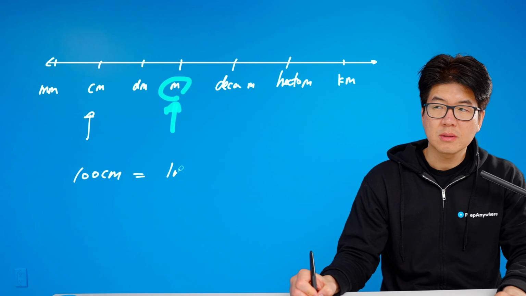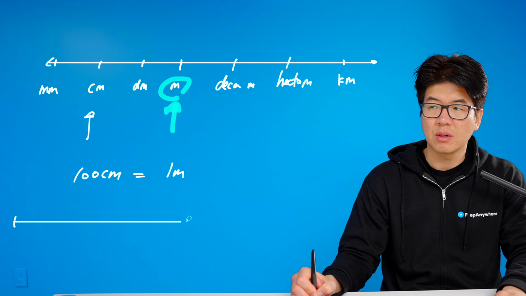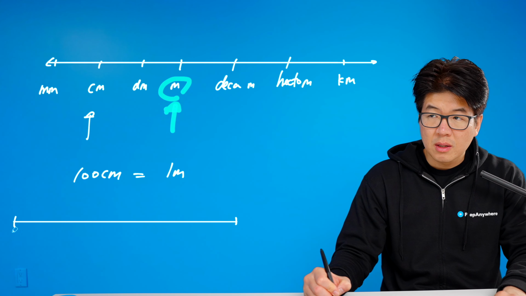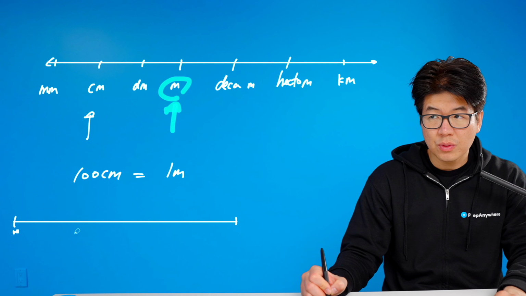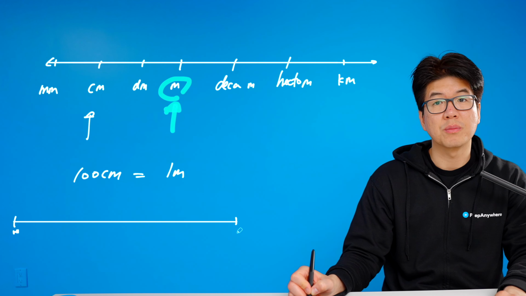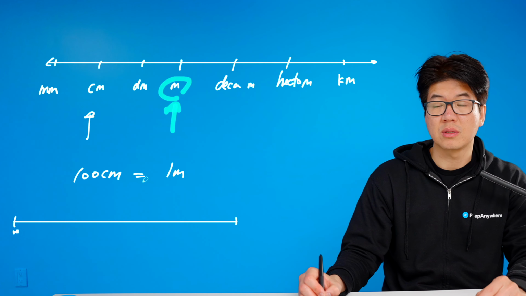Does that make sense? If a meter is this long and a centimeter is that long, you need 100 of those to equal a meter. So you write that this way: 1 centimeter is equal to 0.01 meter.